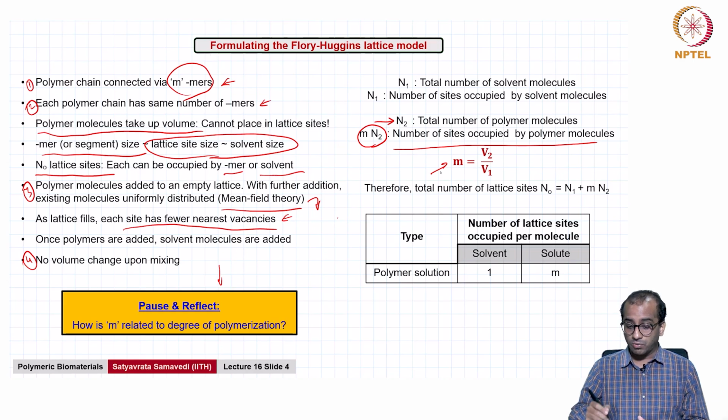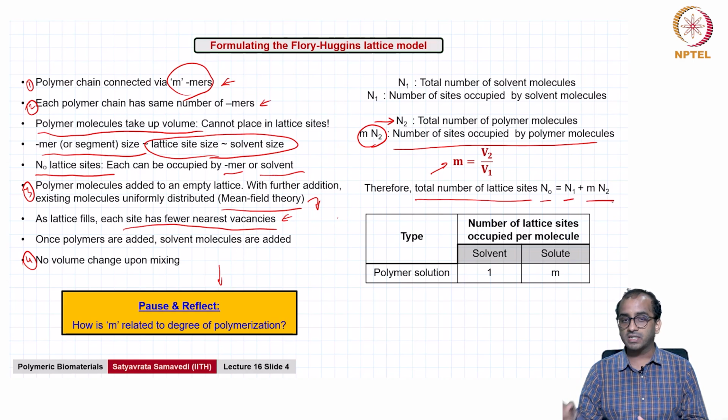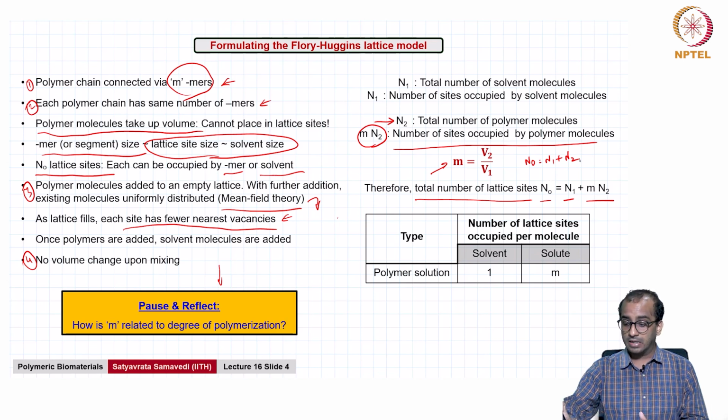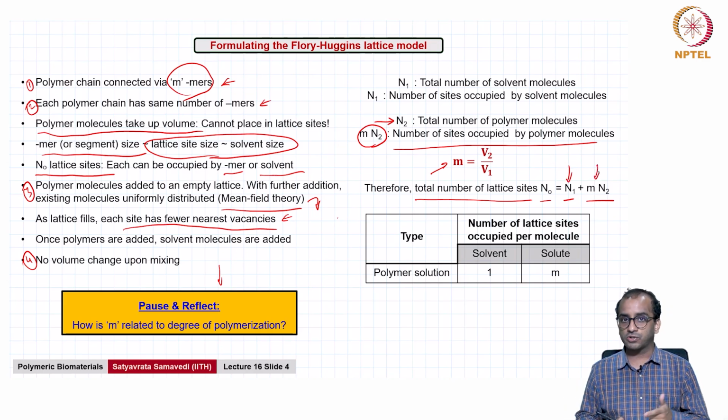So therefore, the total number of lattice sites here, N0, will be N1 plus m times N2, whereas in the ideal case of mixing of small molecules, we would have seen that N0 is simply given by N1 plus N2, where there is a one-to-one correspondence between the number of solute molecules and lattice sites, and the number of solvent molecules and lattice sites. In the case of the polymer, while that is true for the solvent molecules, for the polymer molecules themselves that is not true.